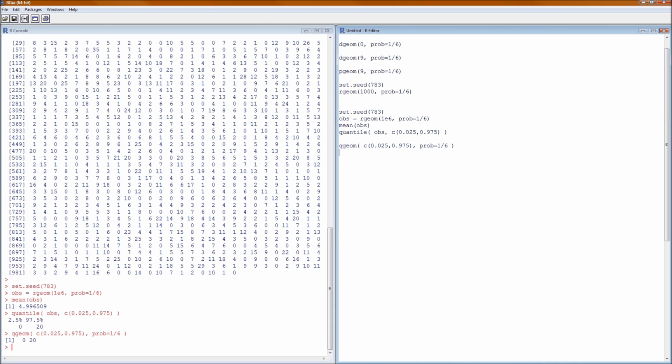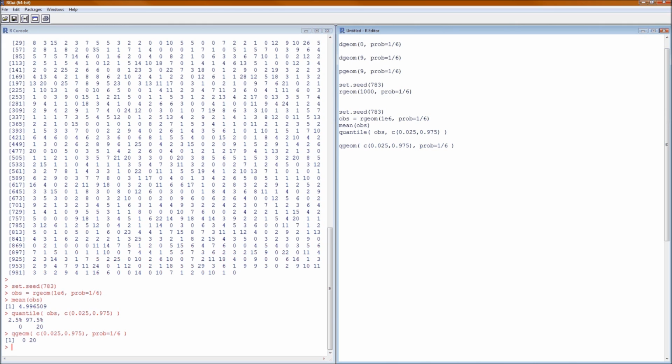Not too surprising. When you're dealing with discrete random variables, the estimates that you get when you do it a million times are most likely going to be pretty close, if not exactly the same as what you would get if you do it exactly. The same will not be true for continuous distributions.